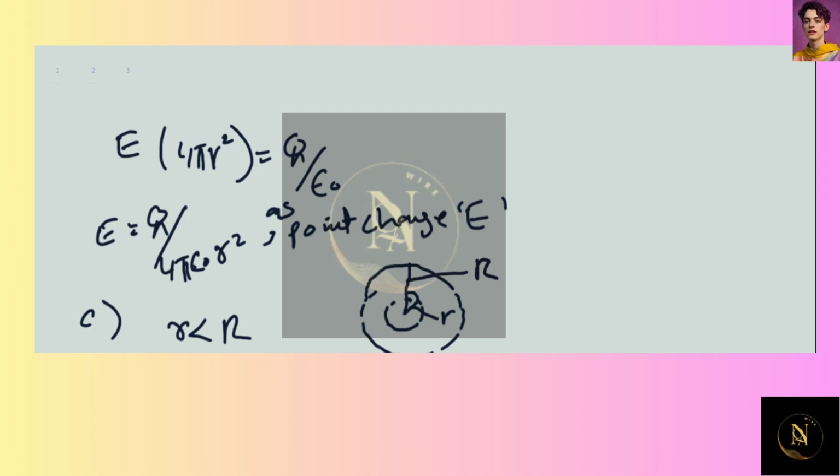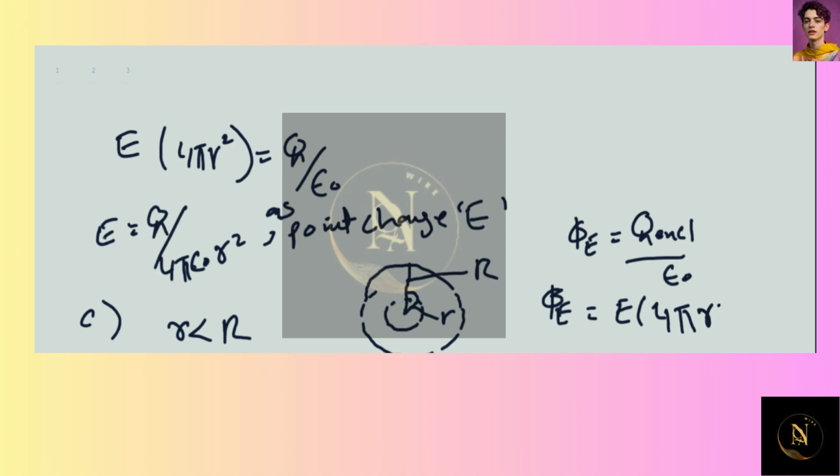We use the same formula for the flux. Electric flux is given by charge enclosed divided by epsilon, and substituting the flux, we can write flux is equal to electric field times the surface area, which is 4 pi r squared.